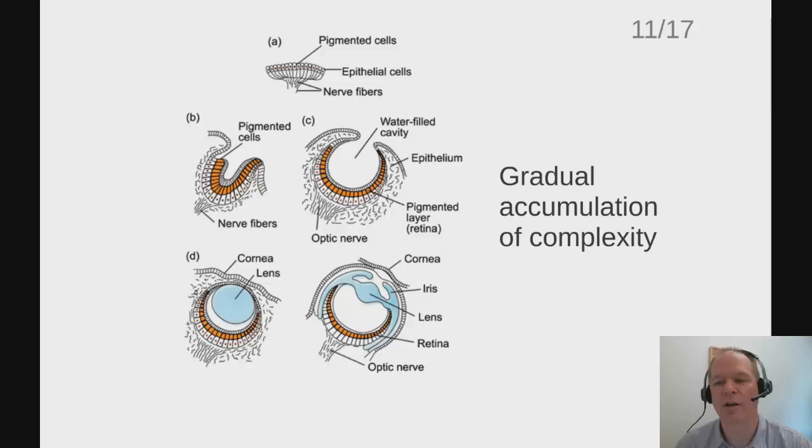Gradually over time, these parts accumulated and became refined to give us what we have now. At each stage, adding to the function of that organism, assisting that organism in being able to perceive its environment.